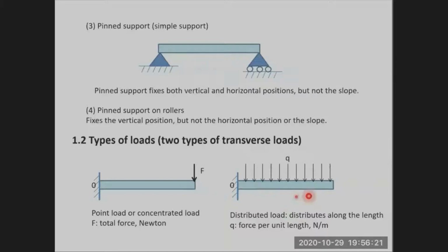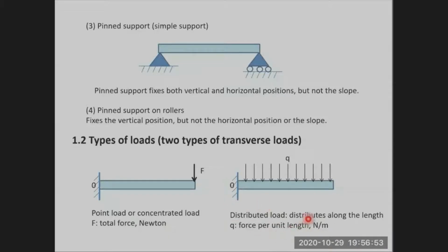The second type of transverse load is a distributed load, which is distributed along the length of the cantilever. This q is a force per unit length, Newton per meter. For the concentrated force, the unit is Newton. Here, the unit of q is Newton per meter.